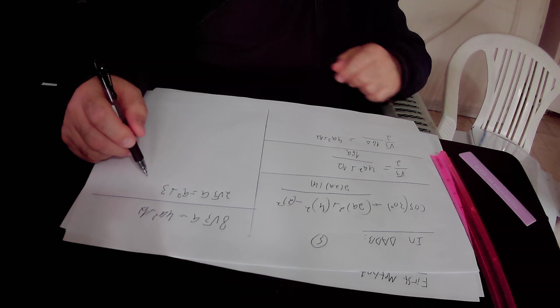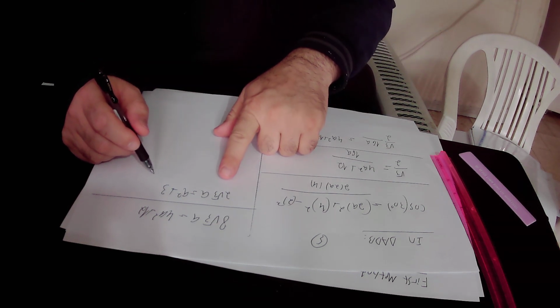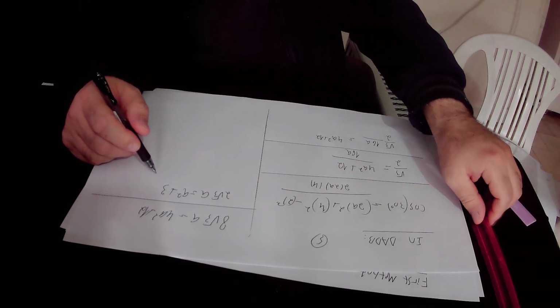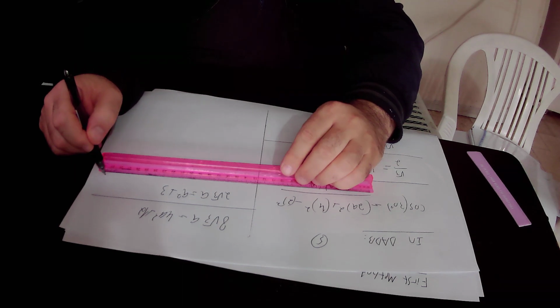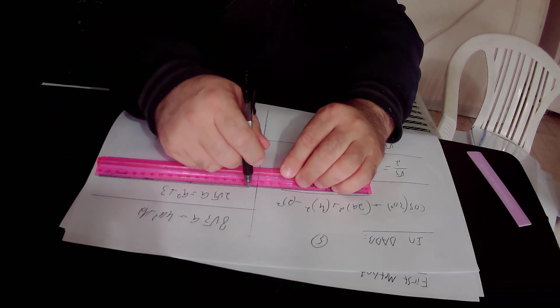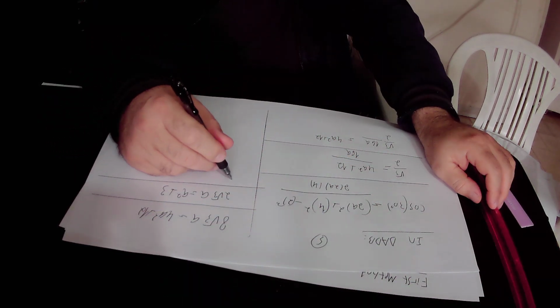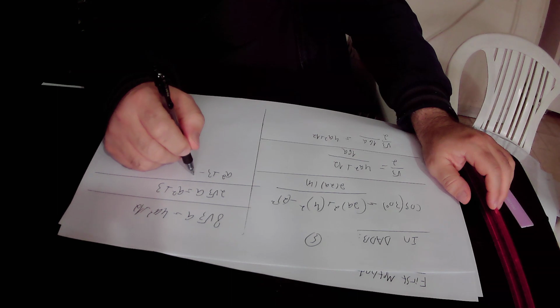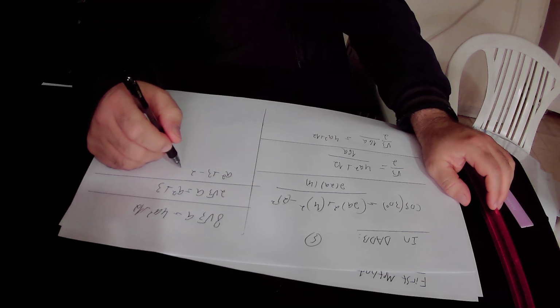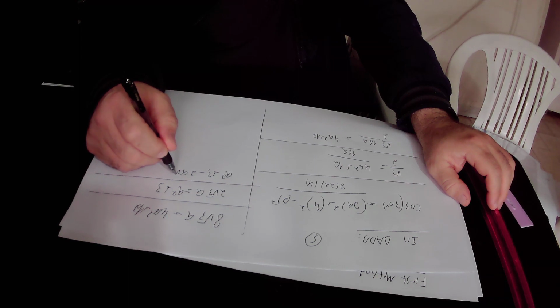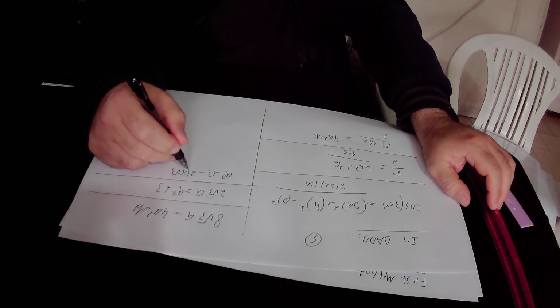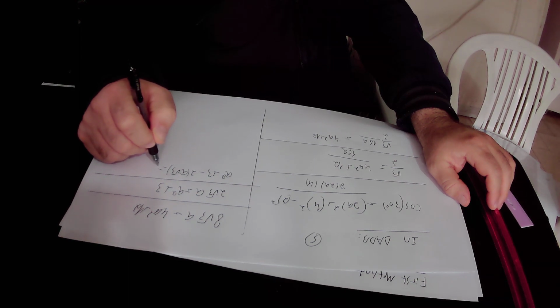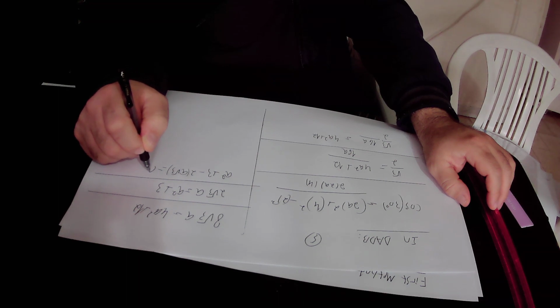We will subtract 2 times square root of 3 times A from this equation, and we will get that A squared plus 3 minus 2 times A times square root of 3 equals 0.